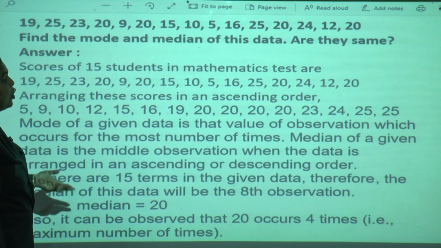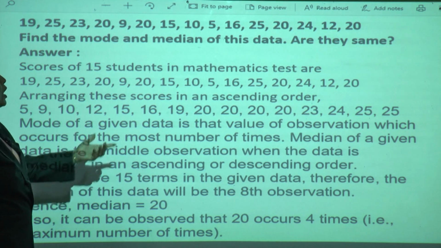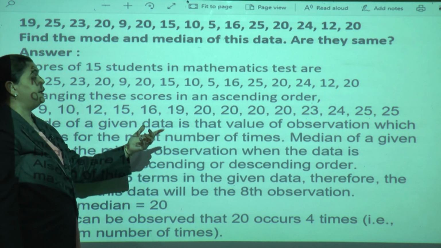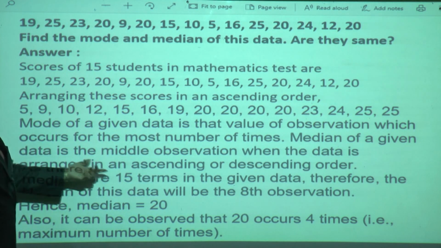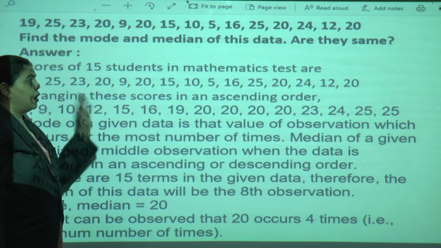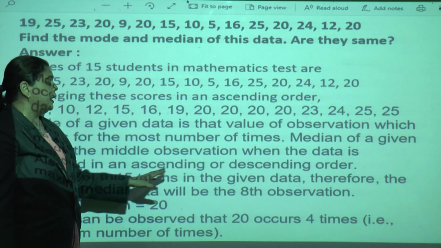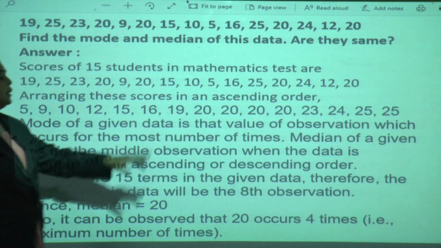The median of a given data is the middle observation when the data is arranged in ascending or descending order. As there are 15 terms, how many terms are we having? 15 students' marks were given, so we are having 15 terms in the given data.